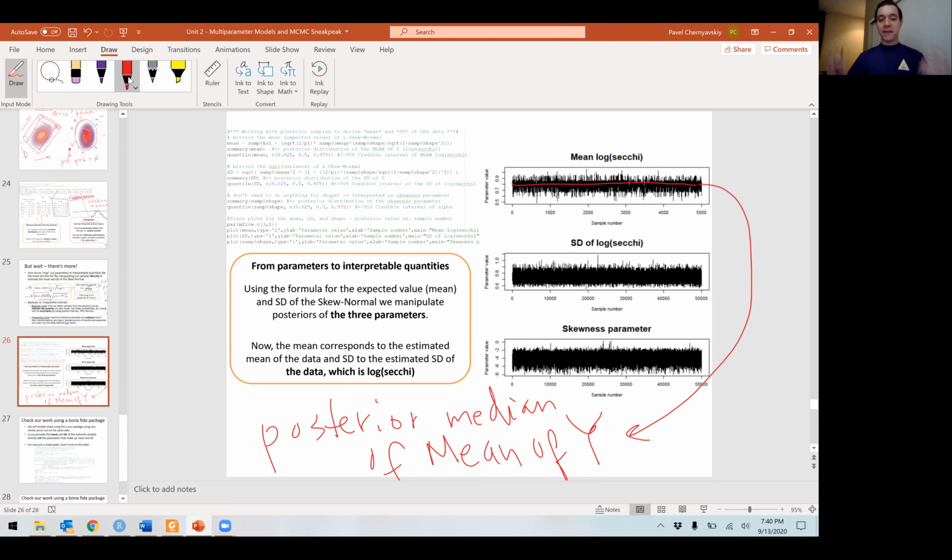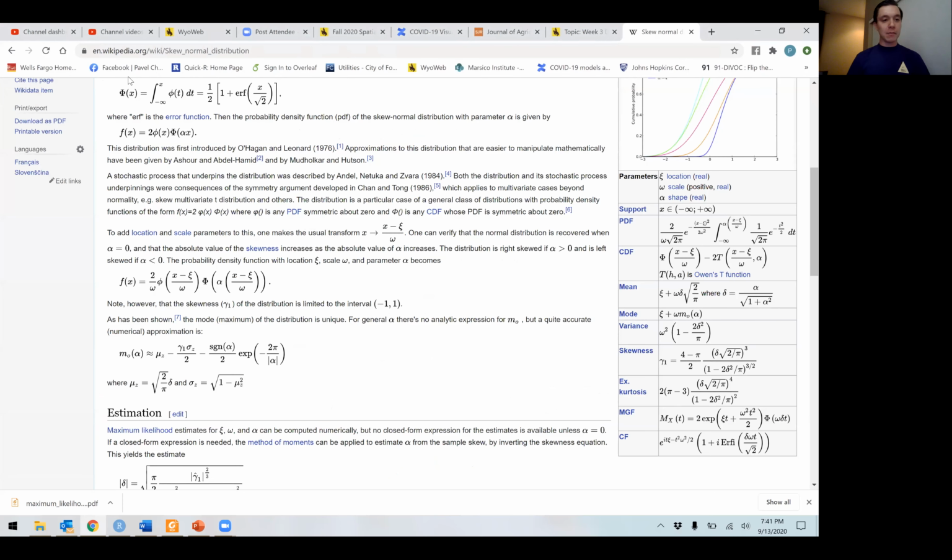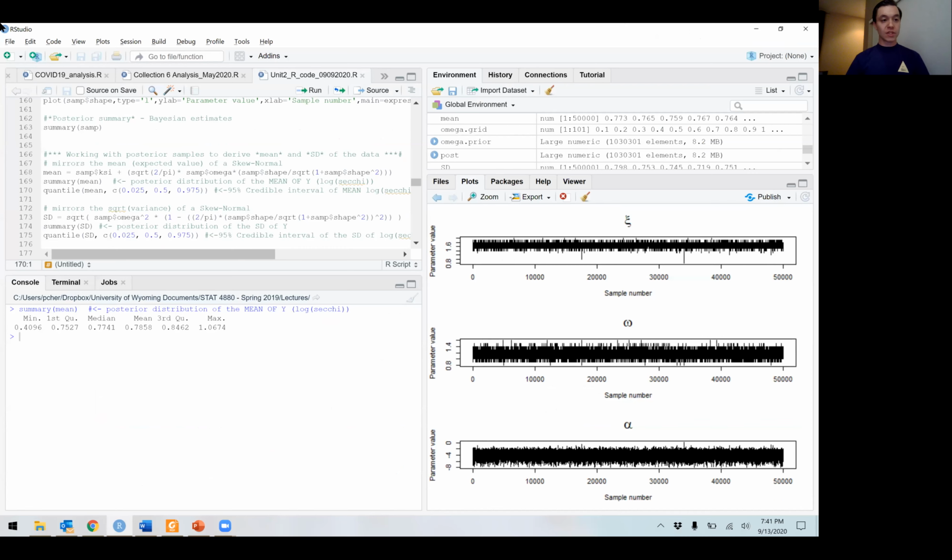It's the typical value of average log seci given the observed data set. That right there is the typical value of the standard deviation of log seci in the typical data set. And this is the only one that I just grabbed from last time. This is the only one that I don't have to do anything with. I don't have to recombine the other parameters together to look at my skewness parameter.